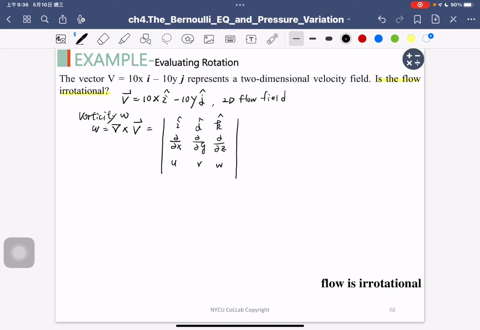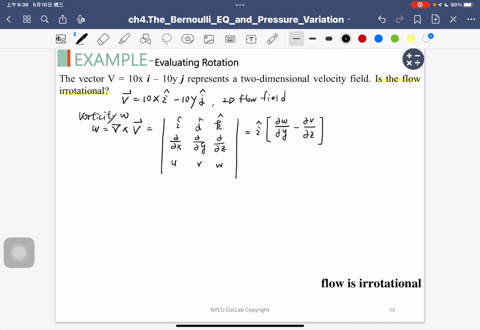For the rotational angle along the i direction, we only compute the two operators dw/dy minus dv/dz.